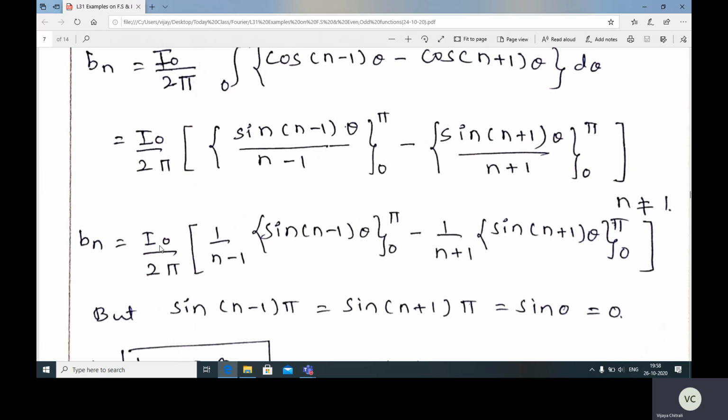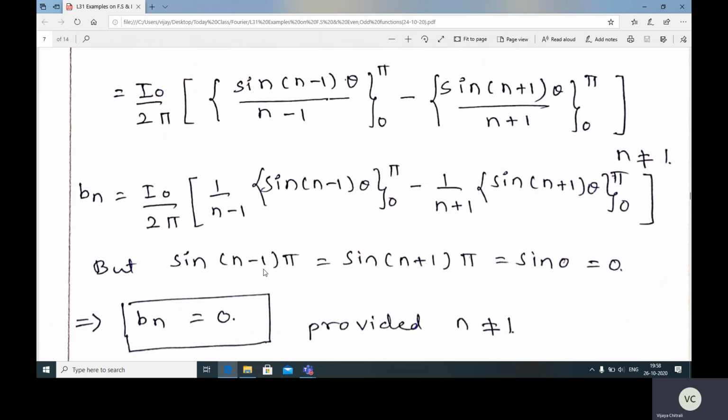So Bn is equal to I naught divided by 2 pi, 1 upon n minus 1 sine n minus 1 theta, theta varies from 0 to pi, minus 1 upon n plus 1 sine n plus 1 theta, theta varies from 0 to pi, and here n is not equal to 1. N is not equal to 1, right?